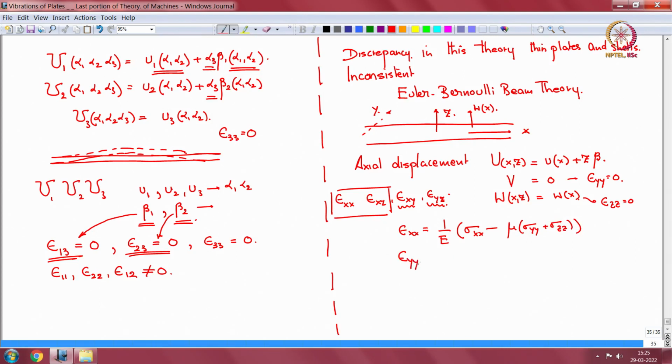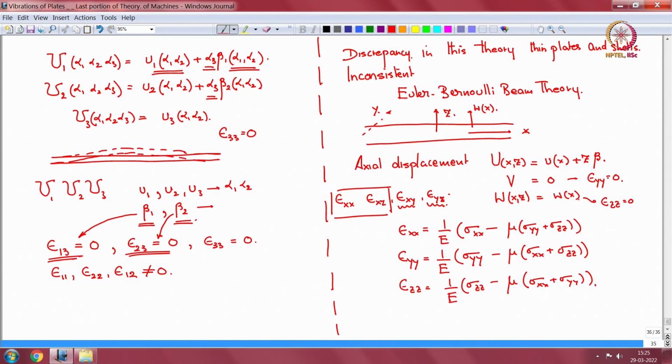Epsilon yy is equal to 1 over E sigma yy minus mu times (sigma xx plus sigma zz). Epsilon zz is equal to 1 over E sigma zz minus mu times (sigma xx plus sigma yy).